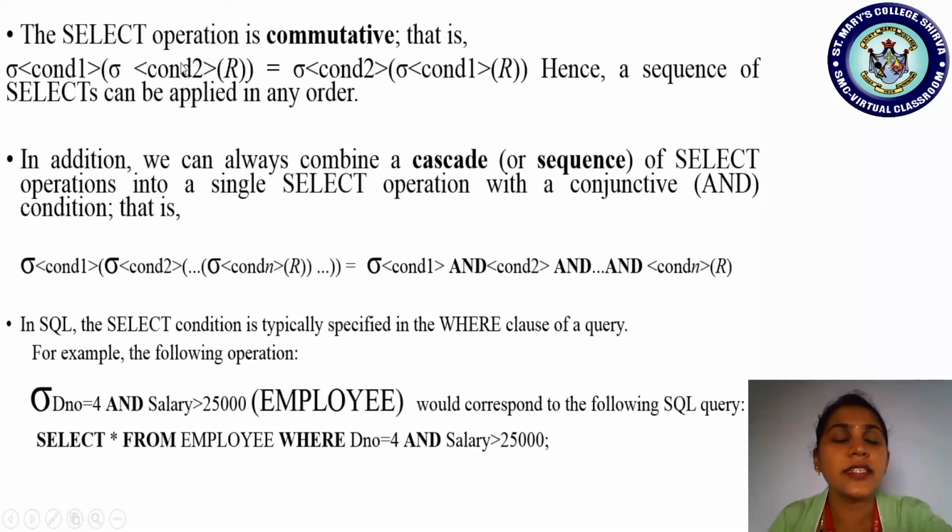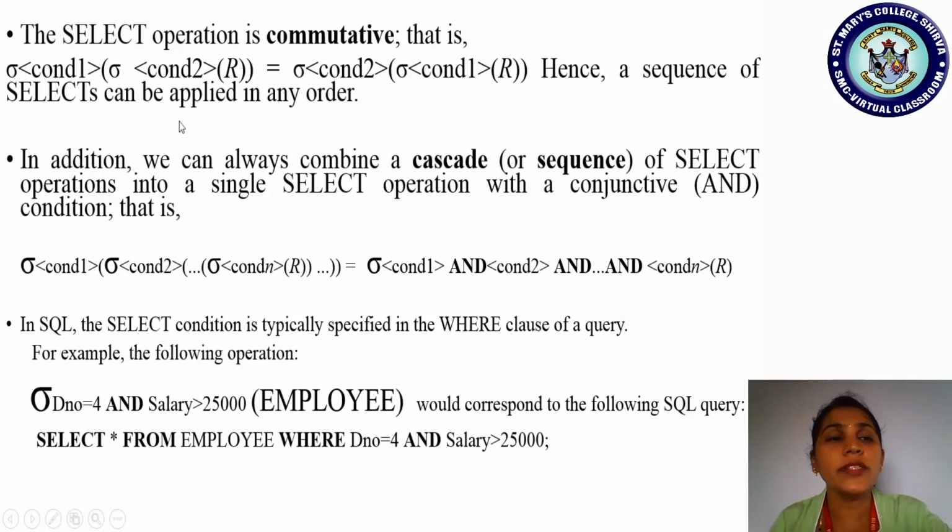If this is satisfied, then from the resultant relation, another condition has to be tested. Are you all understanding? So the same left hand side possibility is written on the right hand side like this: select condition 2. Here condition 2 was inside, right? Yes, condition 2 was inside. Now we have taken it out. So select condition 2, open parenthesis, select condition 1 from R.